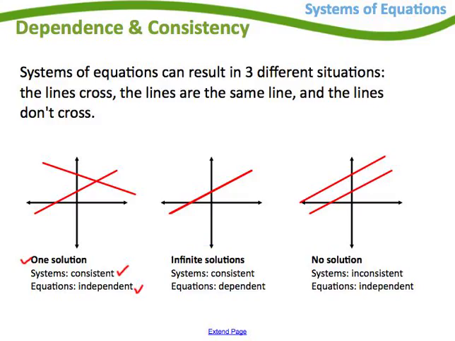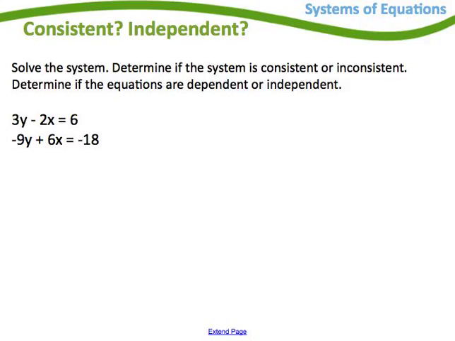So that's some definitions that we often use when we're talking about systems of equations. Typically, these are the ones where we give you most of the questions, where the systems are consistent, the equations are different, they're independent. That's where we spend most of our time, looking for that point where they cross. But keep in mind that I could give you some, or your instructor could give you some, where the lines are the exact same line, or they're parallel. In that case, we have different descriptions of the systems.